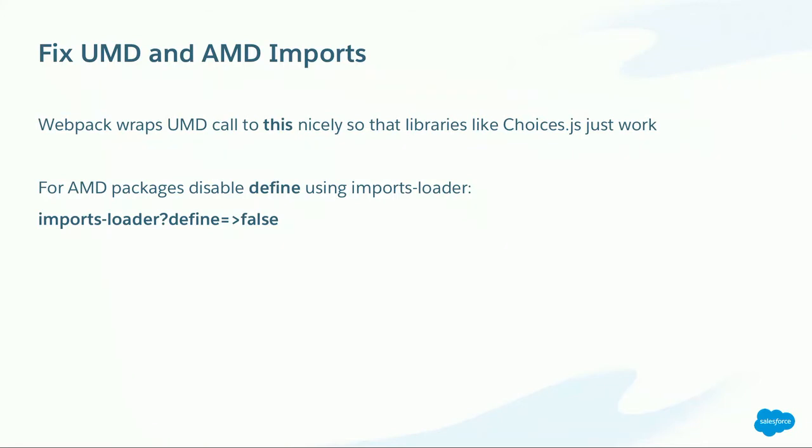They basically reference window as this variable as well. And for AMD packages, Webpack does not like them either. So what you want to do is specify one more line of code that redefines the variable define to false. But long story short, even if you use these libraries, Webpack kind of wraps them nicely anyway, so you don't have to worry much about incompatibility.